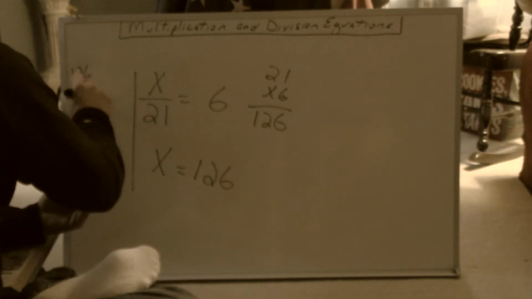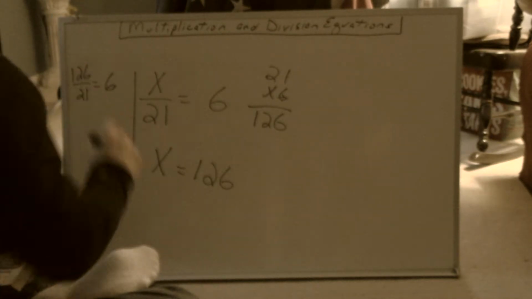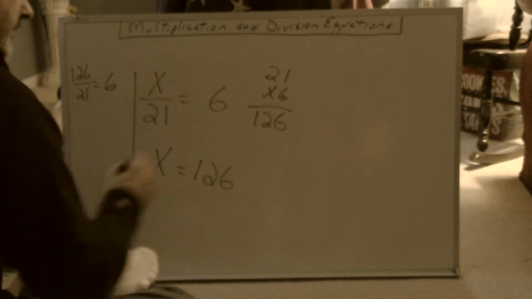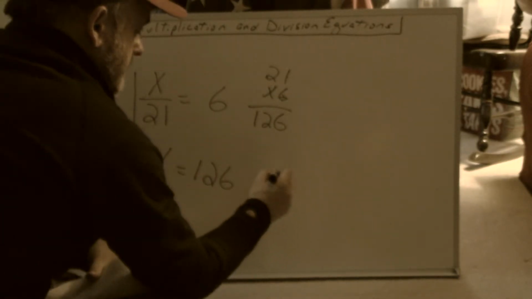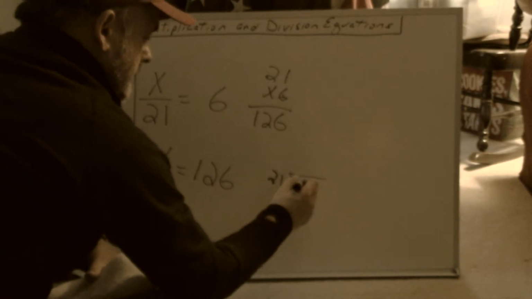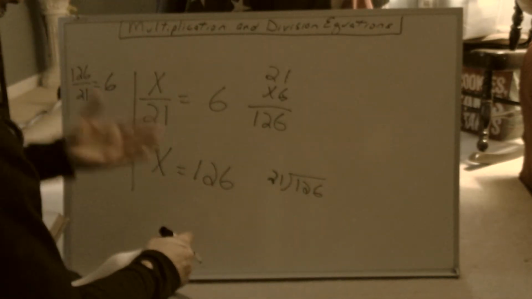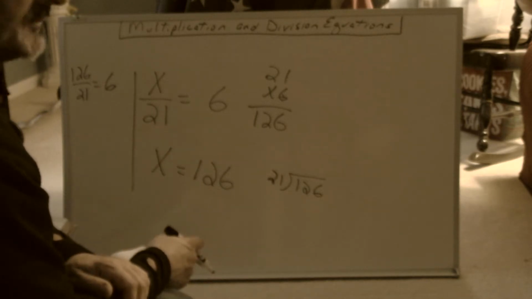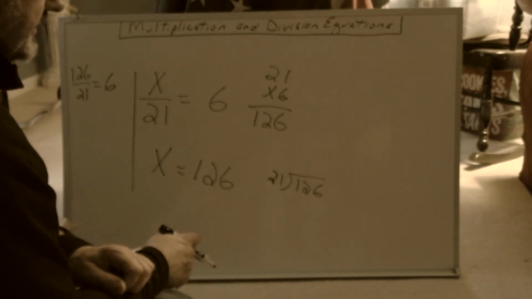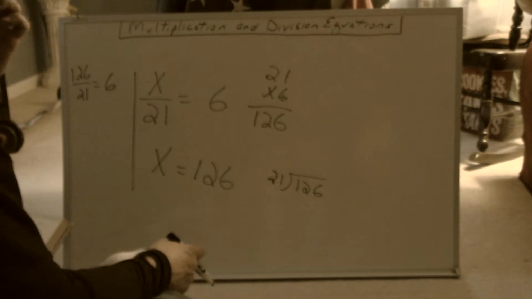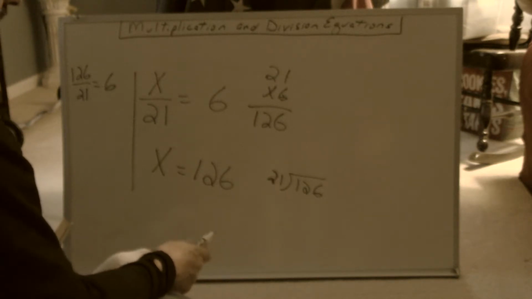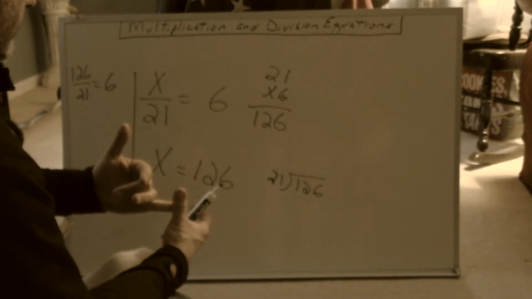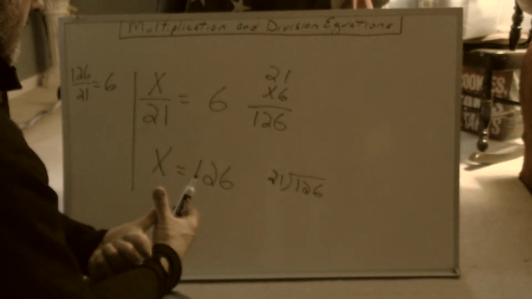Now I could check it. 126 divided by 21 is 6. And that is true. If you wanted me to prove it, I would use comparative numbers, meaning I would round that to 20 in my head and say, 20 into 126. 20, 40, 60, 80, 100, 120.